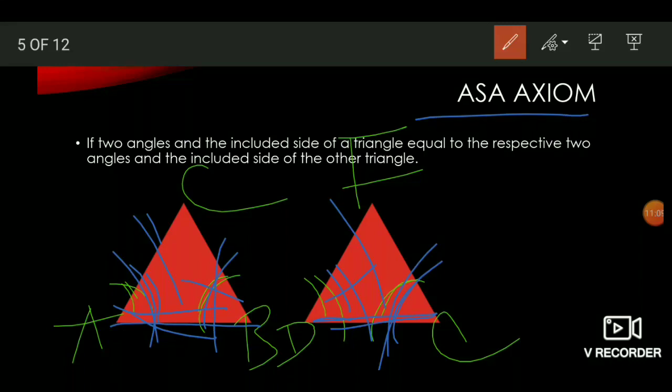But when you are using the ASA axiom, you have to use only the included side. If you confuse ASA with AAS, it will be a total misconception. So please check it out.